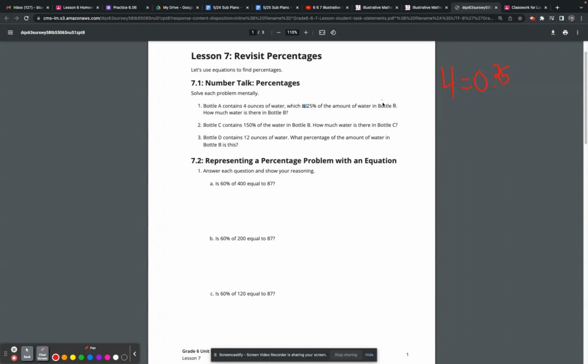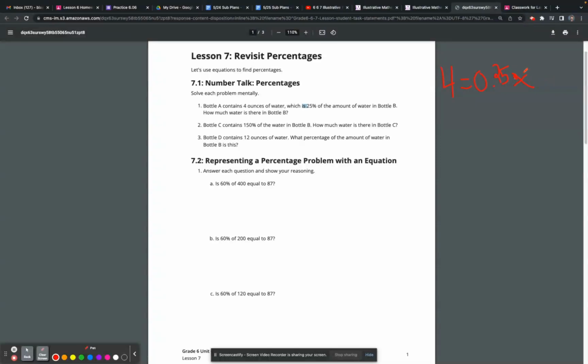And then "of" means times. Now I could write a dot here for the times, or I could have just written an X right there as well.